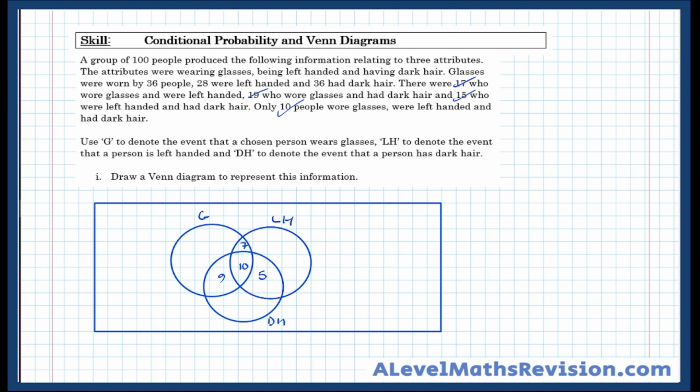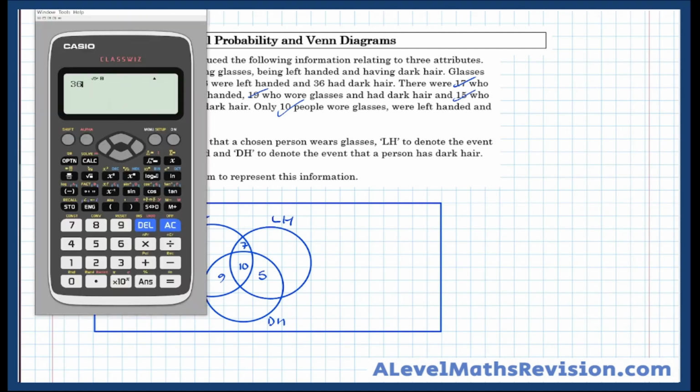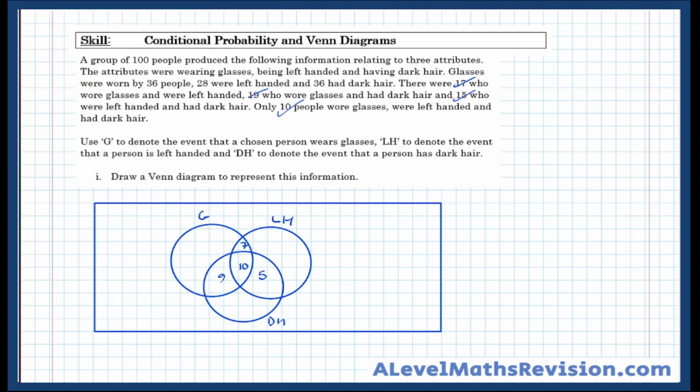Then it says glasses were worn by 36 people, so the whole of the glasses circle needs to add up to 36. So 36 take 10, take 7, take 9 also is equal to 10. So 10 goes in there.